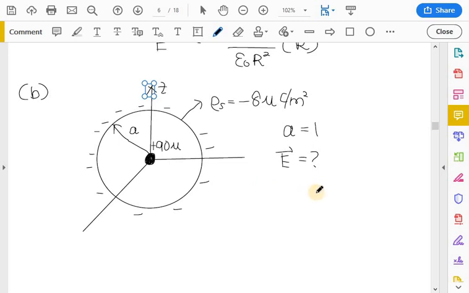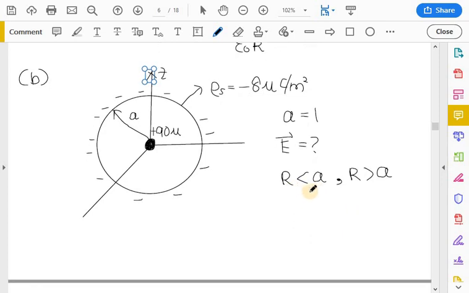So E everywhere means you have to find E when R is less than A and also R greater than A. First of all, we move to the region where R is less than A, which is within this region. So I construct my Gaussian surface.